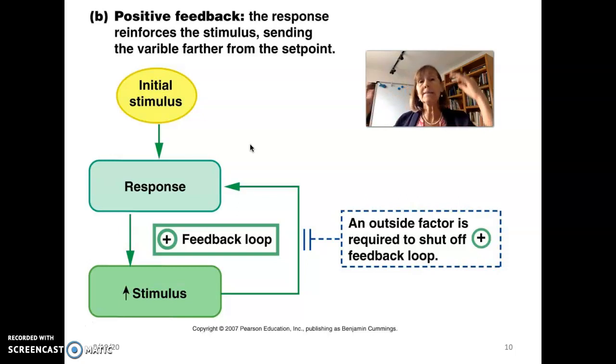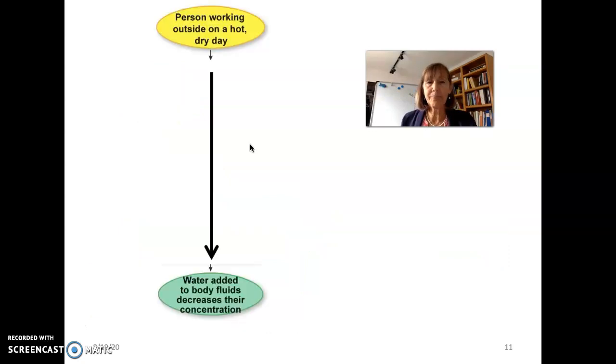It is a positive feedback that escalates until something shuts it off. What is that something? The baby's born. The baby's born and it shuts itself off. So that's an example of a positive feedback mechanism.